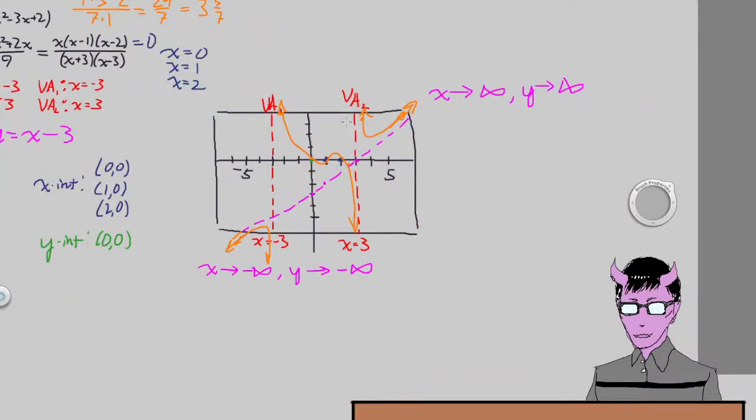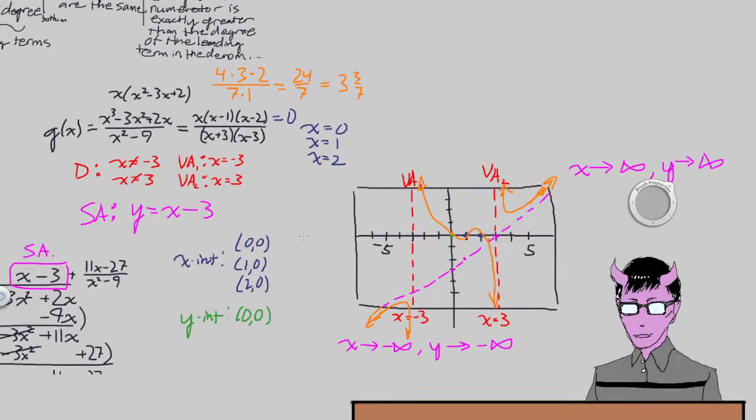Let me check the calculator real quick, because I think this part is really funky. I want to verify that. I'm going to cheat and plug it into my calculator.